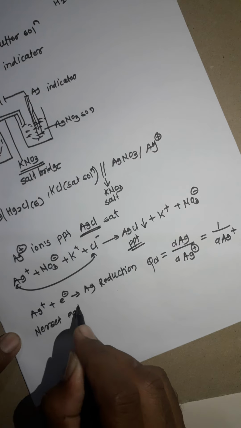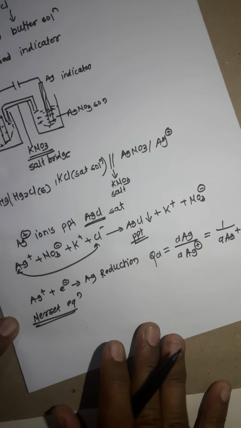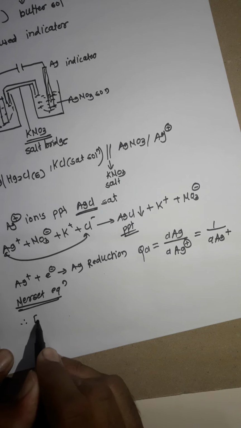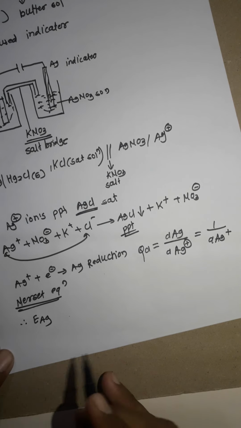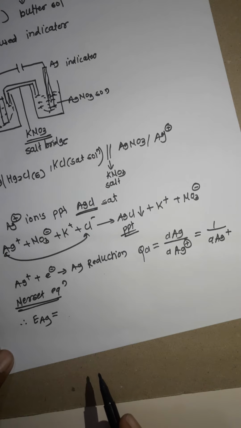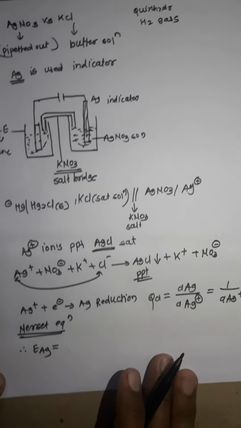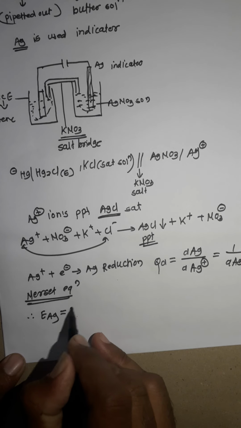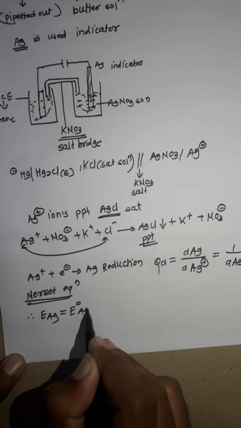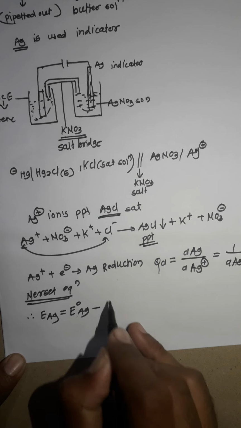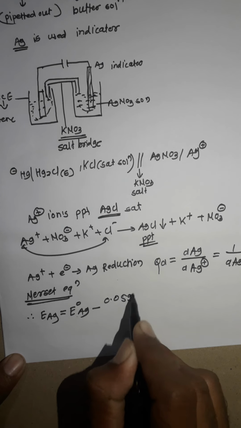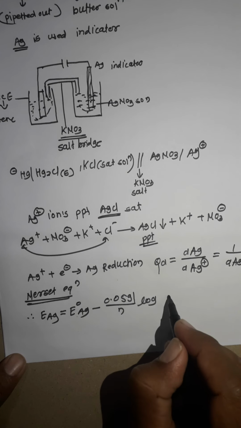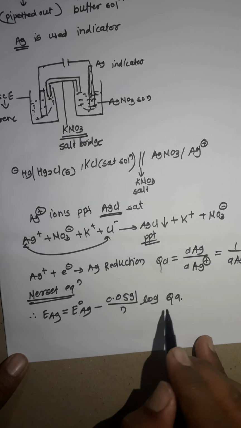Nernst equation in this reaction. The EMF or cell potential of the silver electrode is equal to the standard cell potential of the silver electrode minus 0.0591 upon n log of Q, where Q is the reaction quotient.